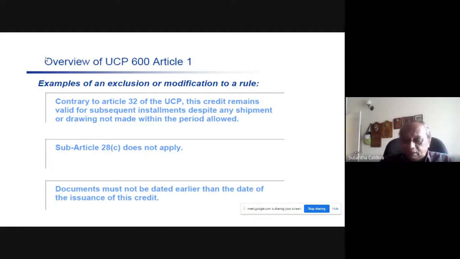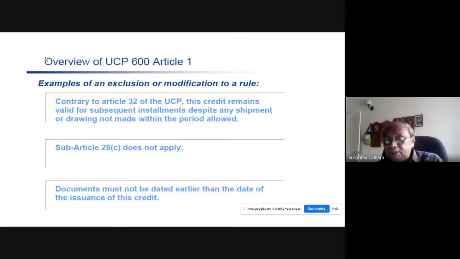Then sub-article 28C does not apply. What is sub-article 28C? Turn it and see. Under insurance documents and coverage, 28C says cover notes will not be acceptable. That is the article.